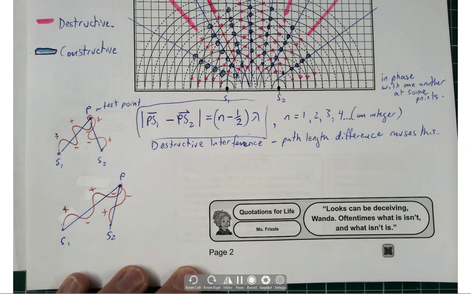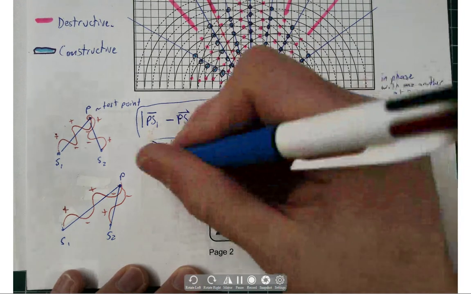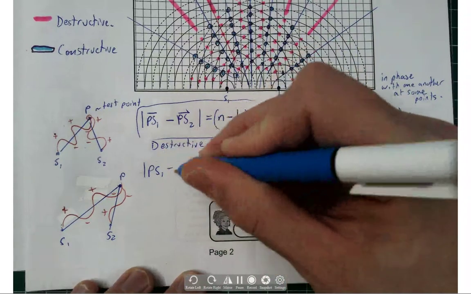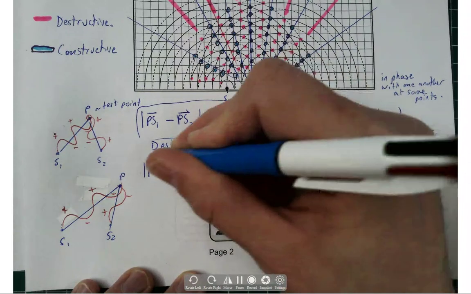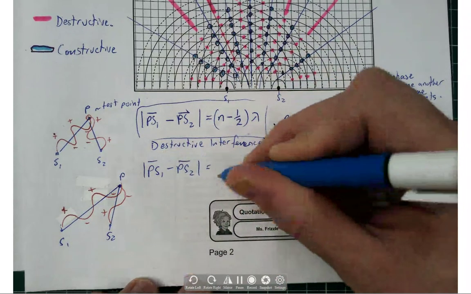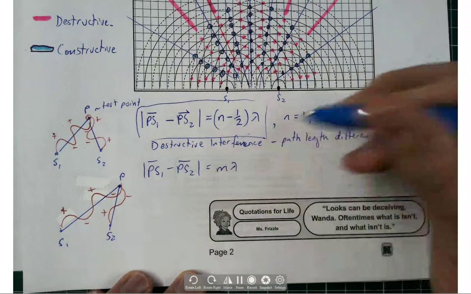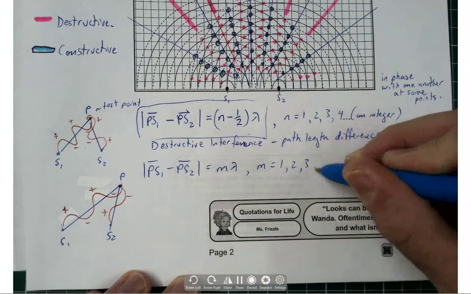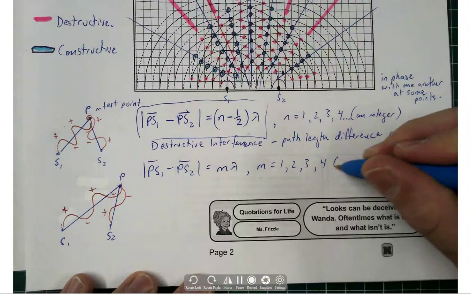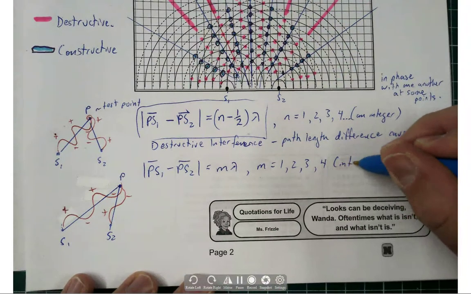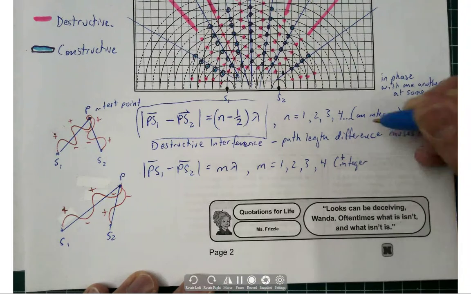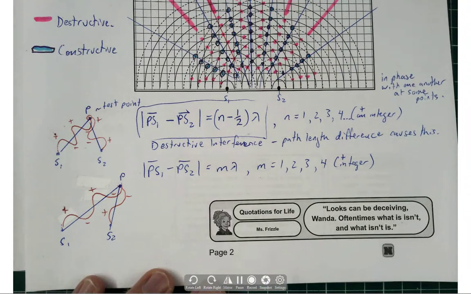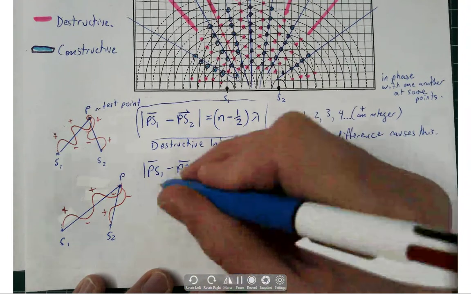And so we can come up with a constructive interference equation constraint that says PS1 minus PS2, I'll put a line segment over top, is equal to m times lambda, where m takes on values of 1, 2, 3, 4, an integer. I could say positive integers because they're counts, right? Positive integer. Then we're going to get constructive interference.